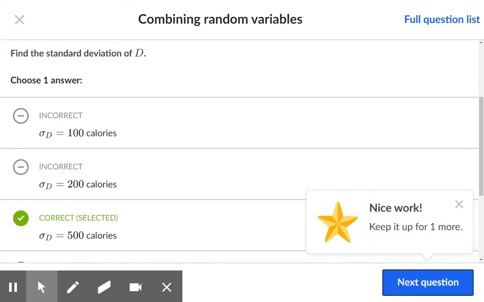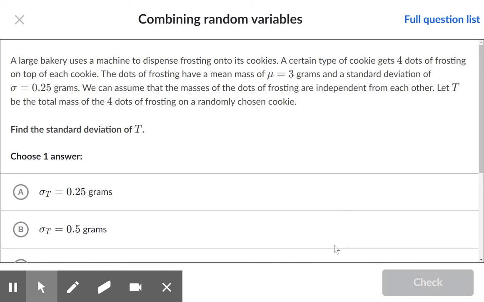Okay, let's do another one. Another standard deviation. A large bakery uses a machine to dispense frosting onto its cookies. A certain type of cookies get 4 dots of frosting on top of each cookie. The dots of frosting have a mean of mu equals 3 grams and a standard deviation of sigma equals 0.25.